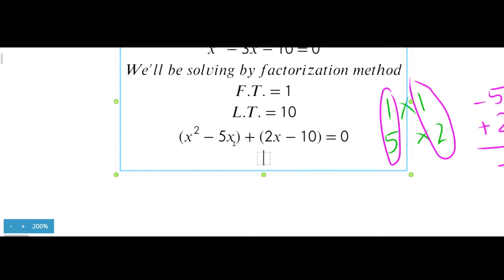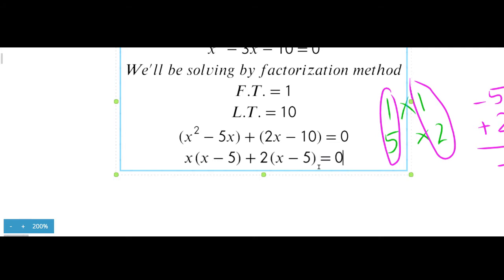I can take out x as a common term from the first bracket, so I am left with x minus 5, and in the second bracket I can take out 2 as a common number, so I'm left with once again x minus 5. That seems like I'm going in the right direction. If the brackets come out the same, it is a sign that you are in the right direction and you are not doing it wrong.